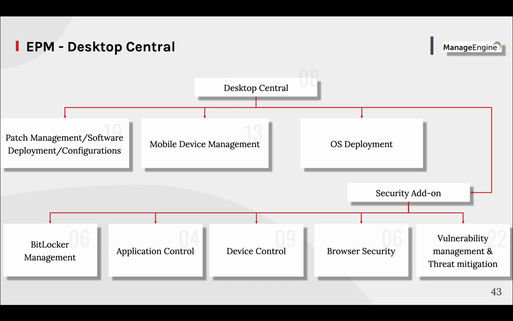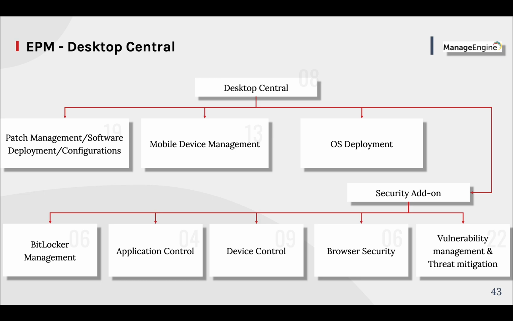And with the recently added security add-on, you can scan those operating systems for vulnerability and identify the browsers installed in the machine, and you can manage browsers, devices that are getting connected like USBs and peripheral devices getting connected to the network, what applications have to be whitelisted, what applications have to be blacklisted, and BitLocker management.